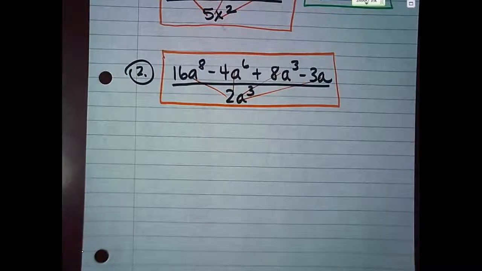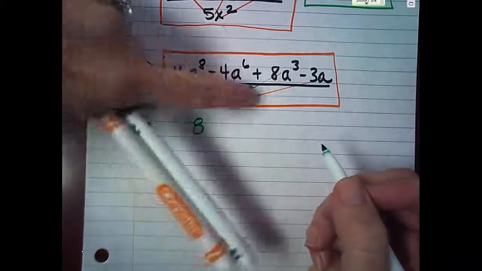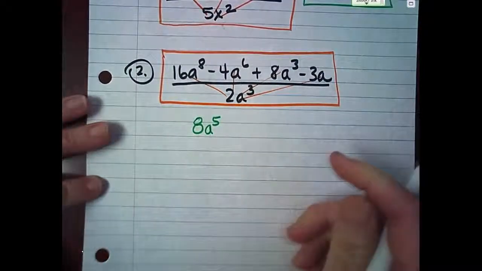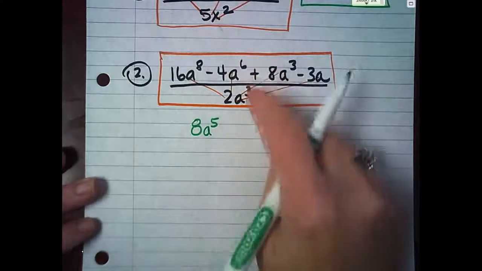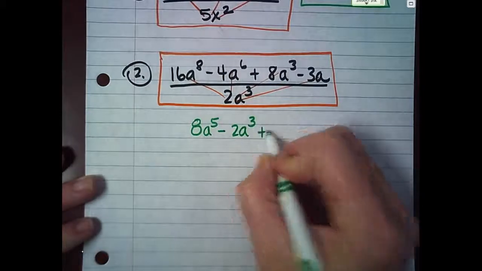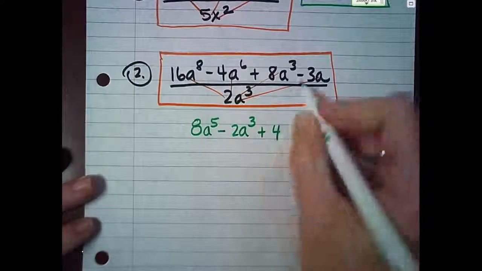It's every single term divided by 2a cubed. When you take a look, 16 divided by 2 is 8, and then an 8 with a 3, you subtract them, right? 8 minus 3 is 5, so a to the 5th. 4 divided by 2 is 2, and then 6 minus 3 is 3, so minus 2a cubed. 8 divided by 2 is 4, and then the a's cancel.